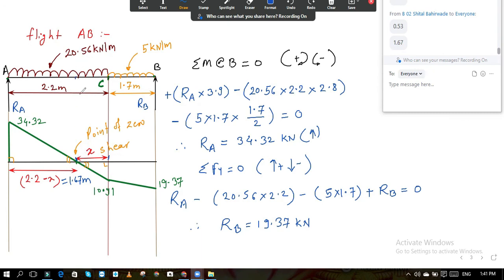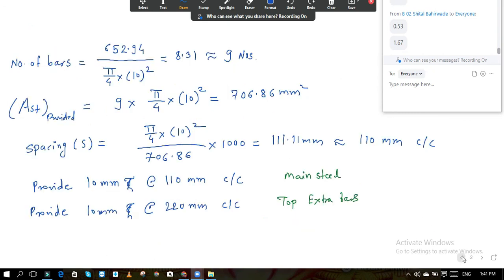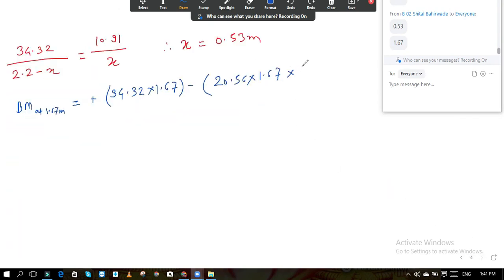Here somewhere the section is there. It will be at the center of 1.67. So it is 1.67 by 2. Okay.